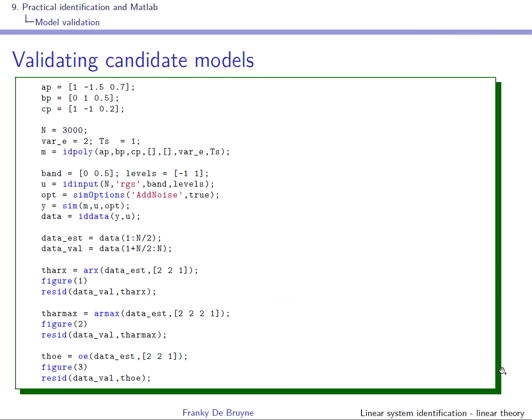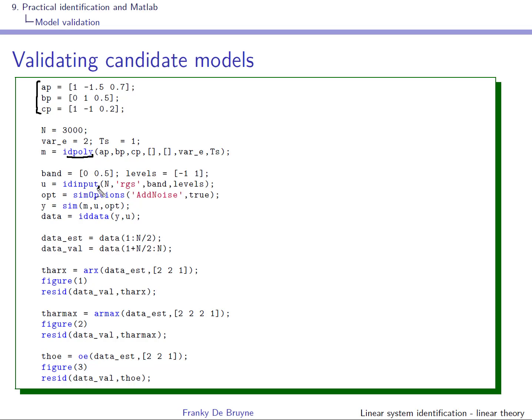So what we'll do here is first generate data that you can use for identification. This is our ARMAX model 221. We generate 3000 data points. Here we have the actual system M that is constructed using idpoly, and then you can simulate the data.